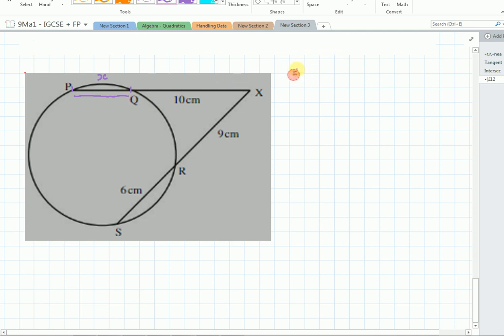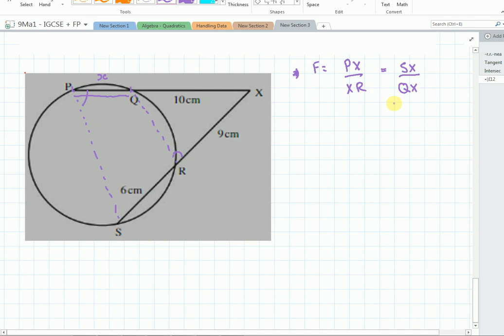The scale factor thing leads to, if I change this into a triangle across here and a triangle across here, the scale factor between the two triangles is the whole length PX is similar to the length XR, because these two angles are equal, and also the whole length of SX is the same factor as to QX.